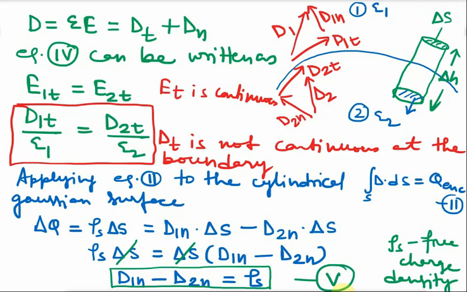Now some special conditions also exist. If no free charge exists at the interface or the boundary, then rho s will be 0, because if there is no charge there will not be any density.